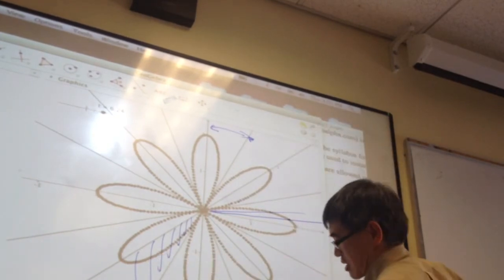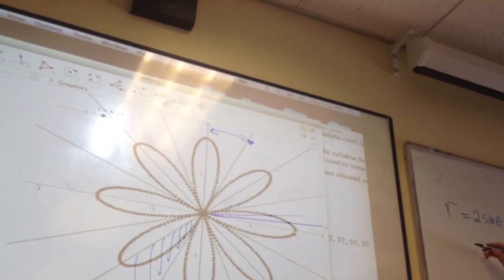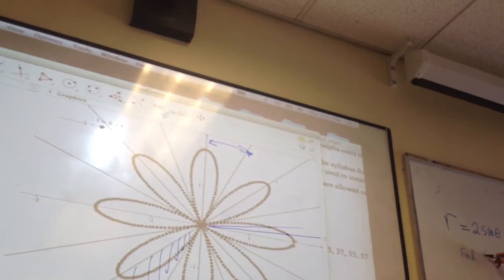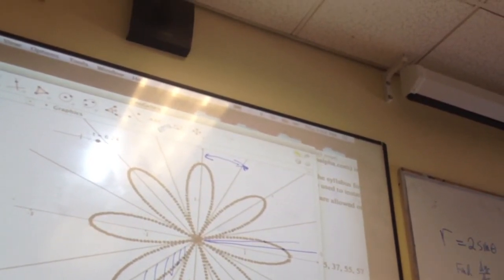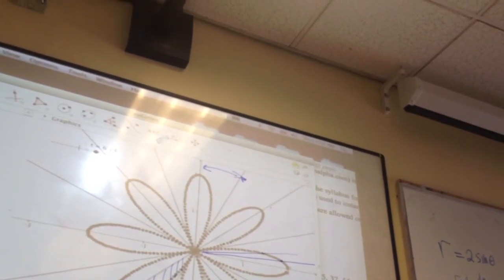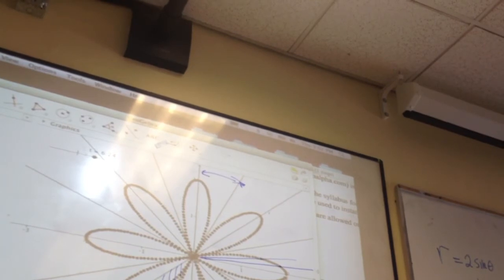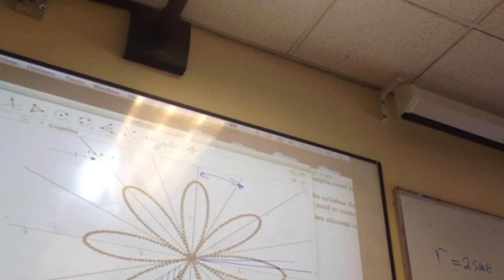If I have r equal to 2 sine theta, then at theta equal to pi over 6, exactly at that point, find dy/dx at theta equal to pi over 6. This should be fairly straightforward, because what it takes is, x is what? r cosine theta, which is something you have to firmly keep in mind.